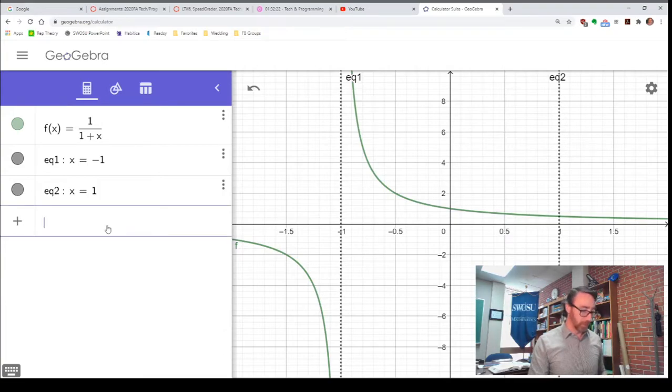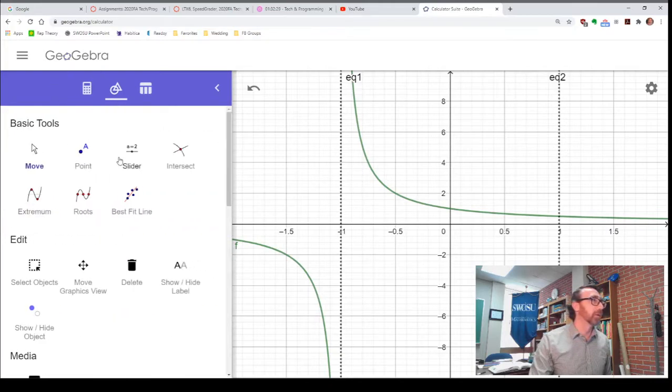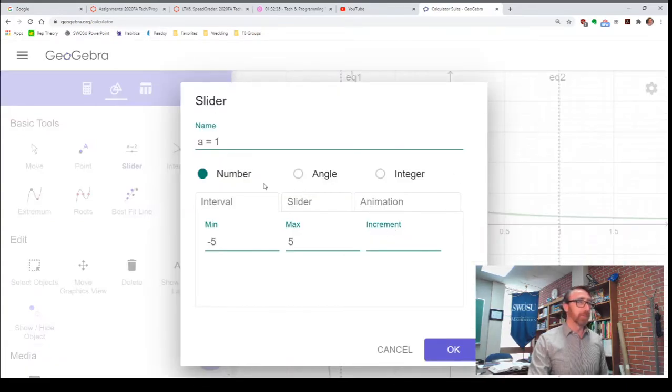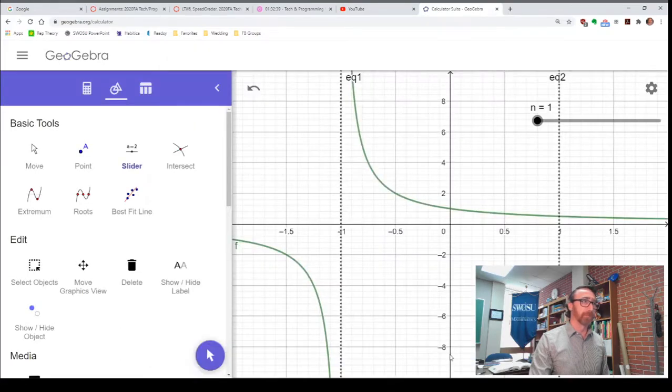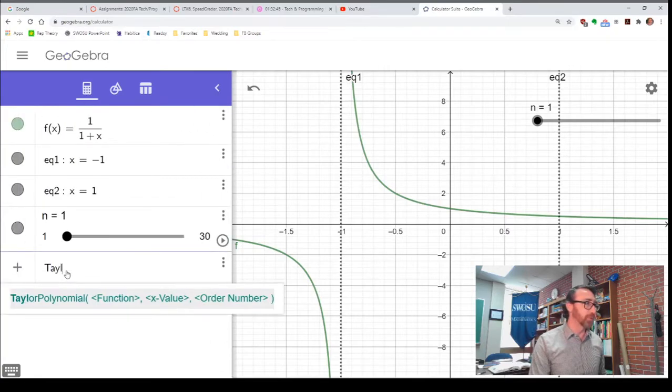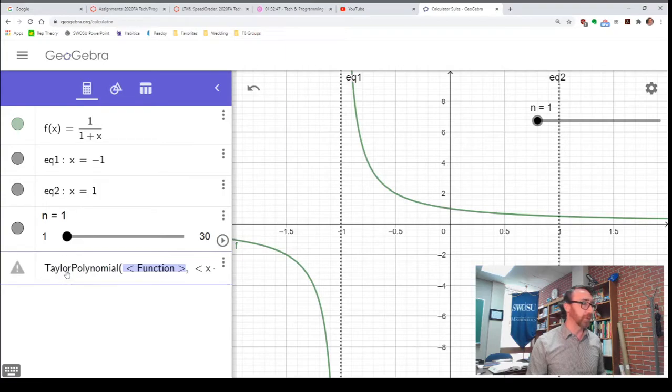All right. So tell you what, I'm going to put in a slider. And I'll put it over here, kind of out of the way, but I want it to be an integer. That's fine. Okay, and then over here, we're going to use GeoGebra to write out the Taylor polynomial for our function f.